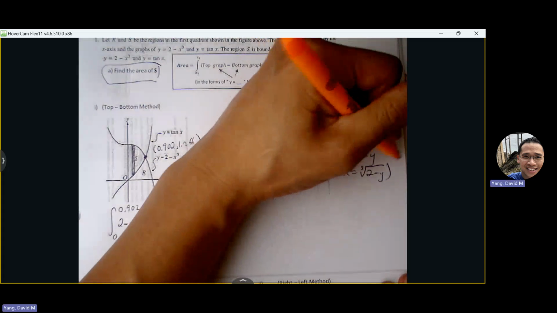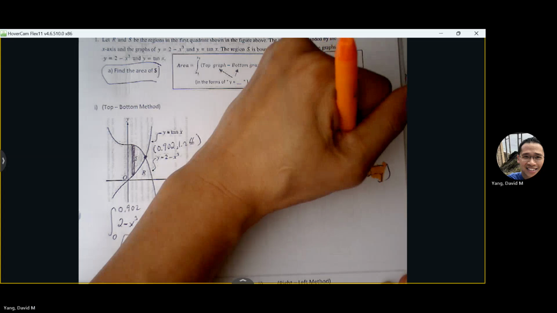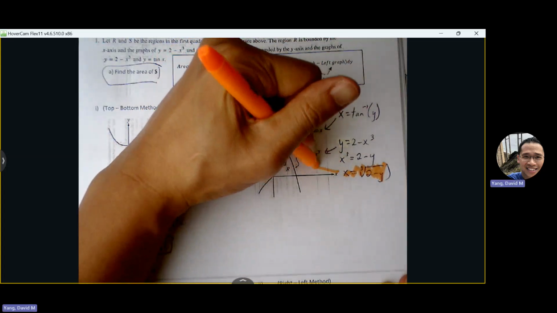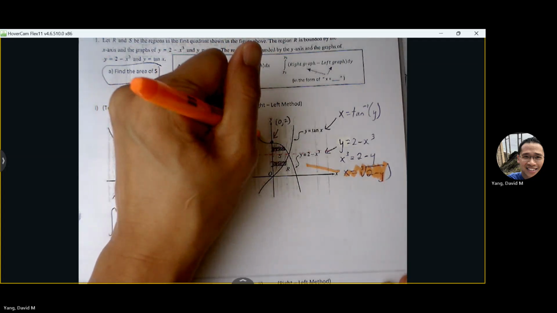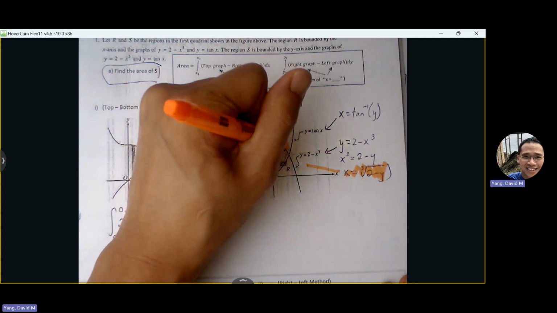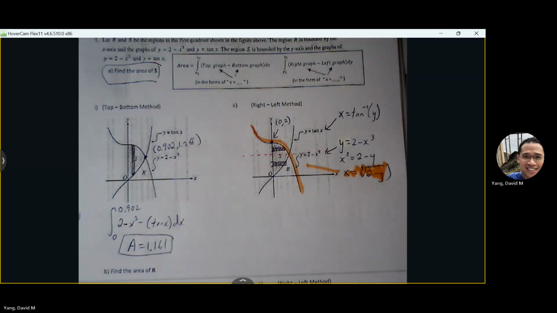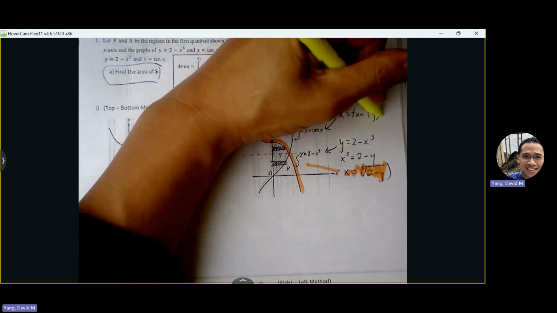So this equation is now going to represent this. And the other equation, the inverse tangent of y, is now going to represent the other curve here.